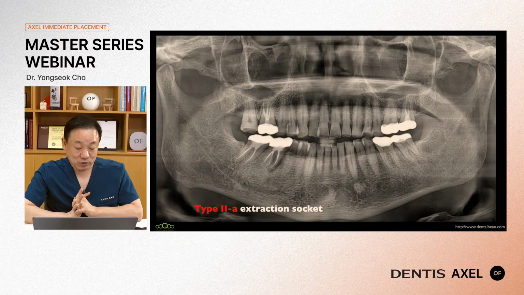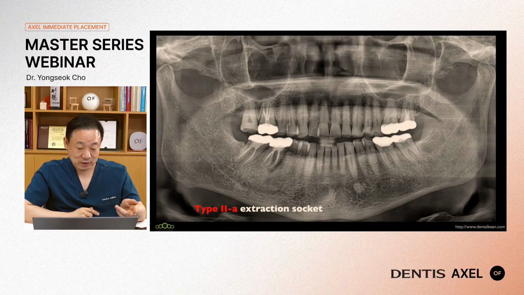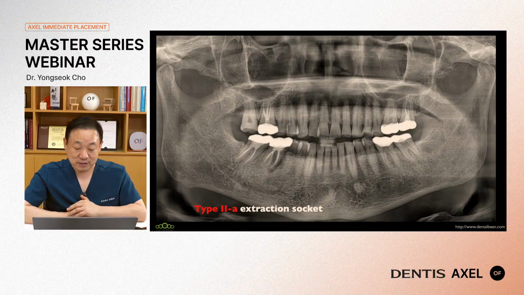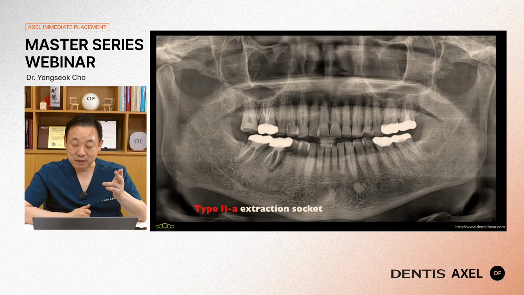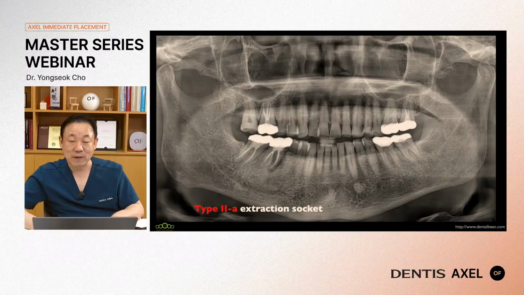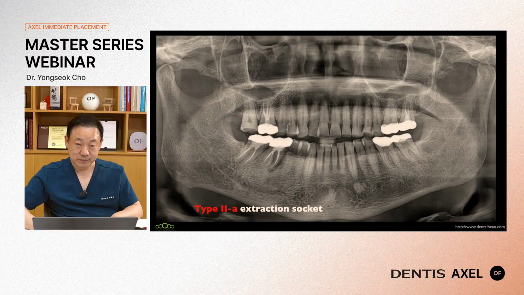A radio-opaque region is observed in the medial root area. Maybe it is a fracture of the root. This is a type 2 extraction socket. However, immediate placement is not particularly risky because sufficient residual bone remains apically. So I can do an immediate implant, even though this is a type 2 case.